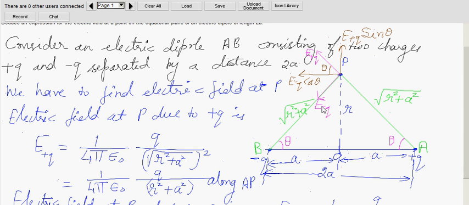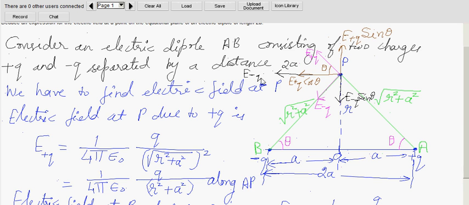Similarly, for E minus q, we resolve it into two components: one along line PO, E minus q cos theta, and the other along this line, E minus q sin theta.